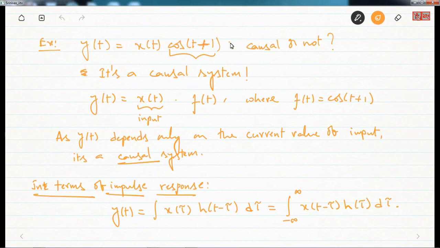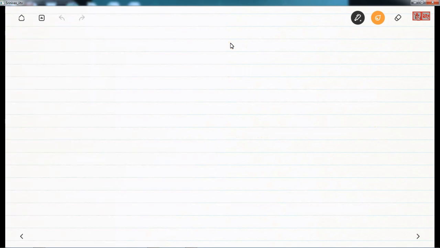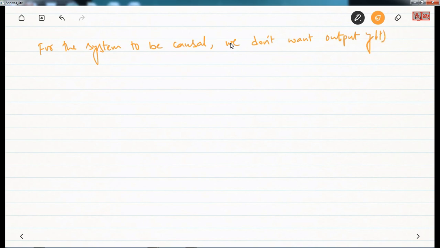So for the system to be causal, we don't want output y of t to depend on x of t minus tau for tau less than 0.